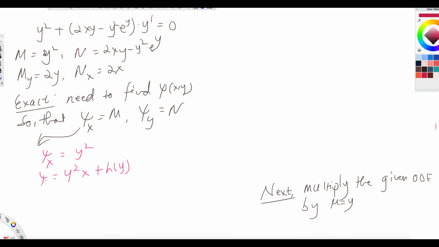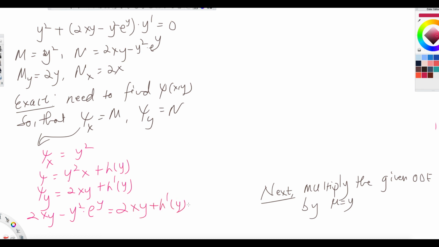Now you find the derivative of this with respect to y. So psi sub y is equal to 2xy plus h prime of y. What is psi sub y though? Psi sub y is n, right? So n is 2xy minus y squared times e to the y equals 2xy plus h prime of y.